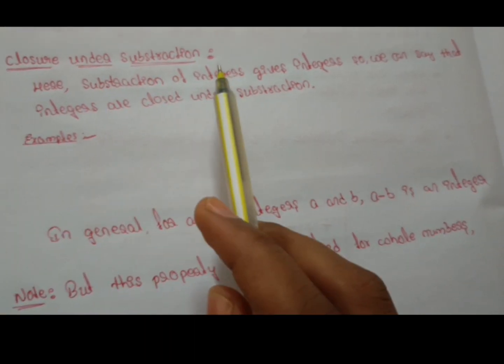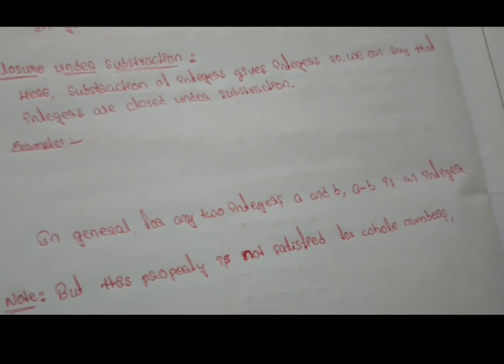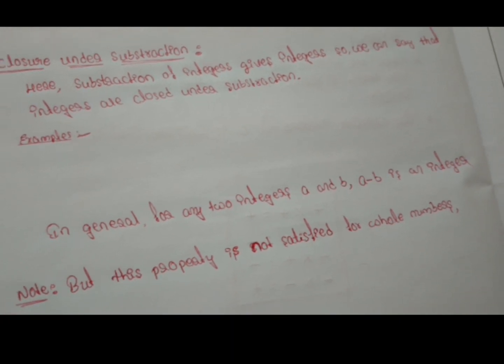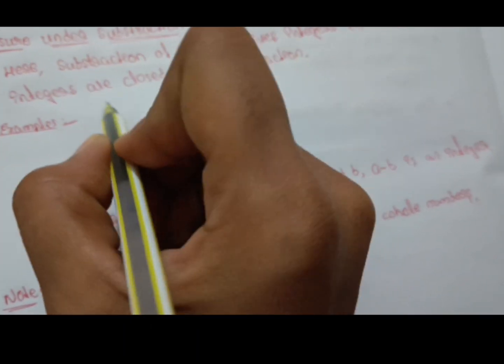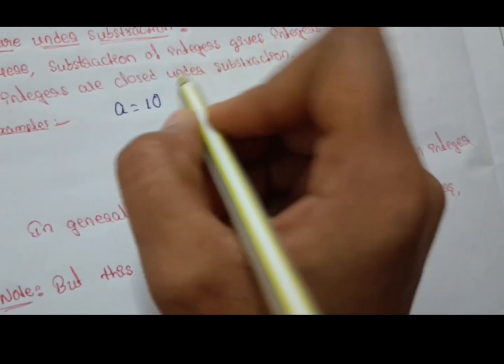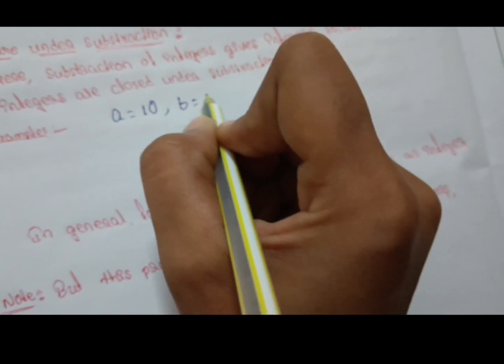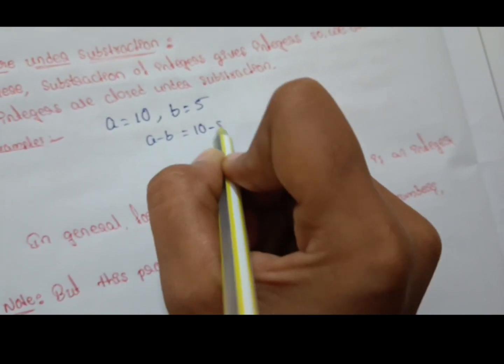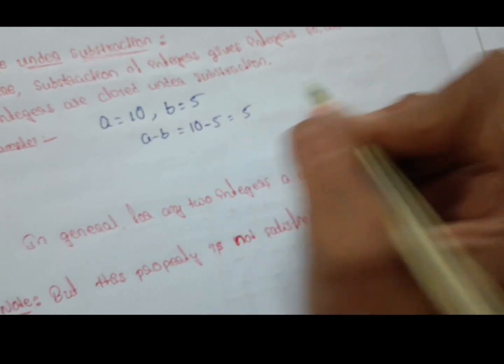Closed under subtraction. Here, subtraction of integers gives integers. So we can say that integers are closed under subtraction. We will take some examples. a is equal to 10, b is equal to 5. So a minus b is equal to 10 minus 5, which is equal to 5.